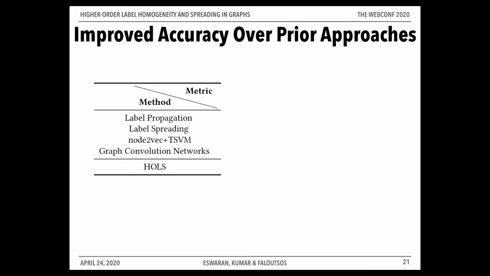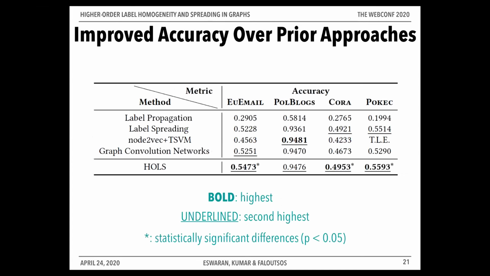We also compared the algorithm to prior methods, both traditional label propagation and label spreading methods, as well as more recent representation learning or graph convolution networks based methods. In general, what we observe is that higher order label spreading outperforms label spreading and label propagation just based on edges, and is highly competitive with recent methods, outperforming even recent methods on 3 out of 4 data sets.